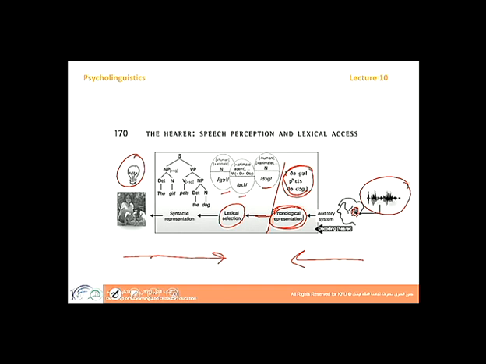Here, if it's the same sentence, for example, the girl pets the dog. We hear it. We have phonemes, a lot of sounds. Then these are translated to words, broken down to words or lexical items, and we discussed the difference between words and lexical items. Lexical items are more, let's say, general. We have part of speech, we have information about this word, and we have the sounds it contains.